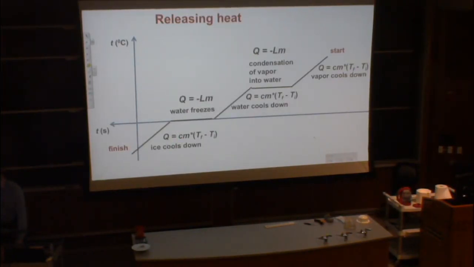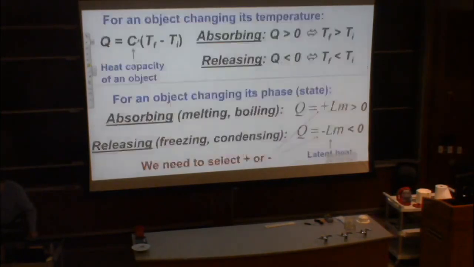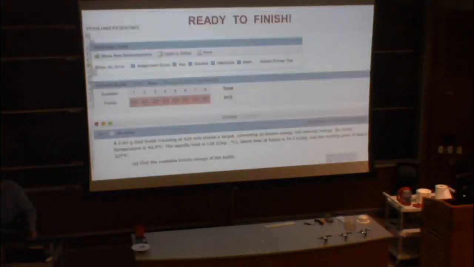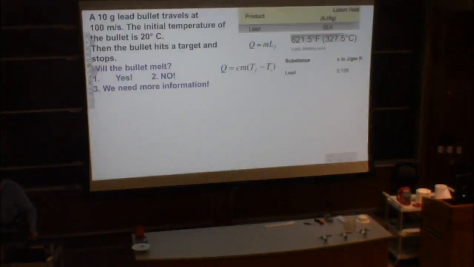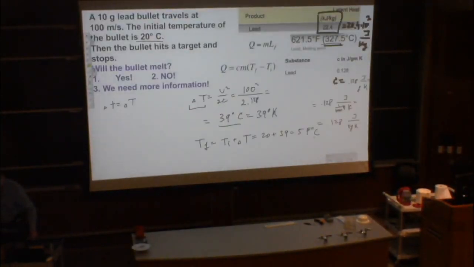Phase transition only happens at specific certain temperatures, which are called phase transition temperatures. So if the object is above or below a phase transition temperature, it can't change its phase. It cannot melt. So in this situation, I know that the lead melts at, what's the number? 327.5 degrees Celsius.